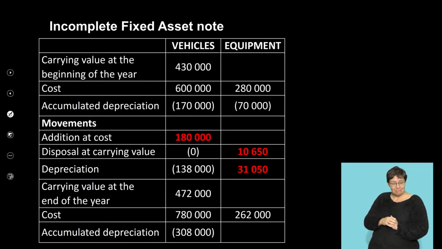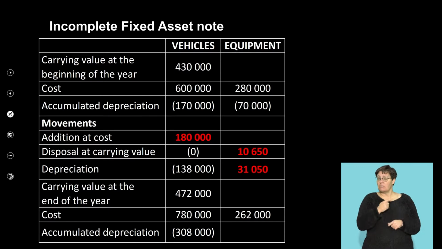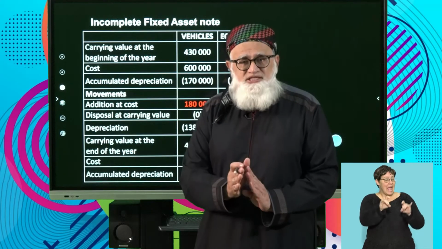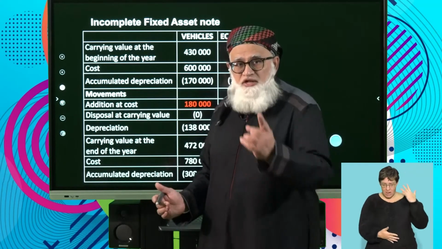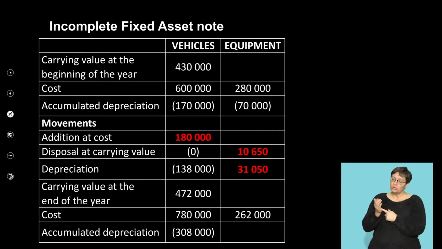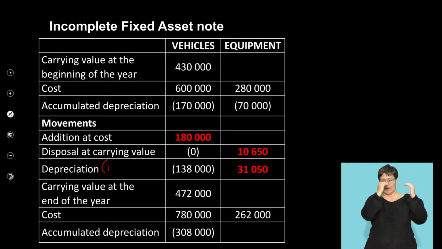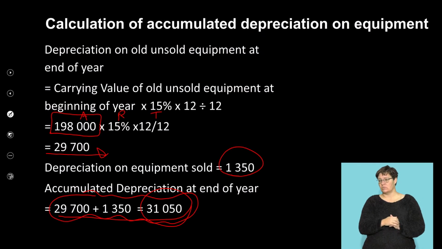Now, good accounting practice for you, for the exams, for your assessments, when you're working by yourself, show this depreciation in brackets. The 1,350, was it 1,350? Let's just verify the amount.